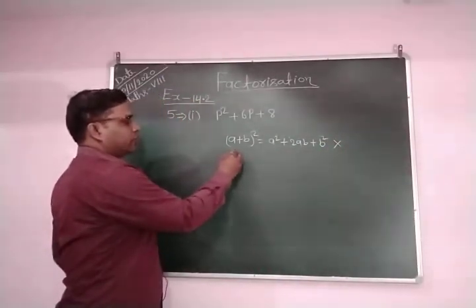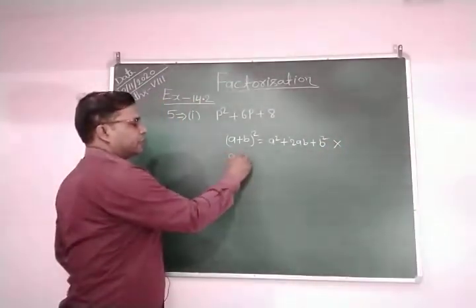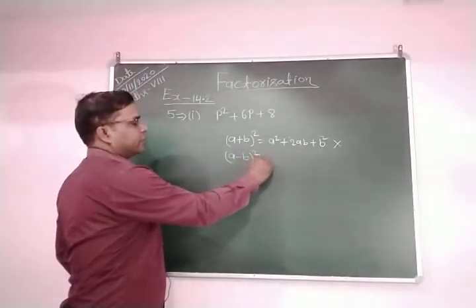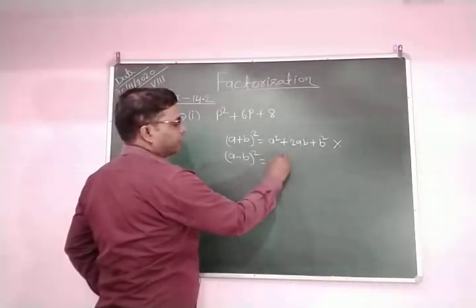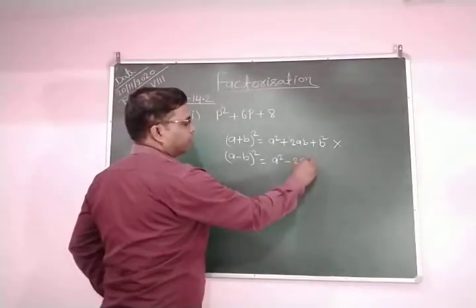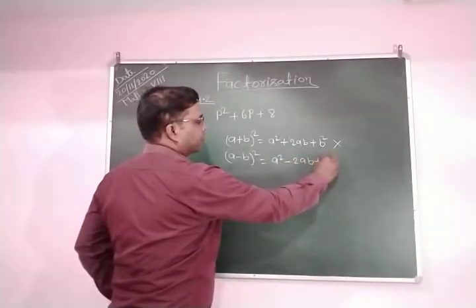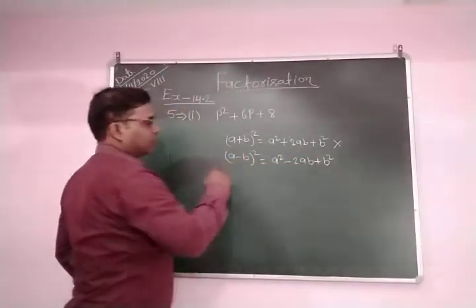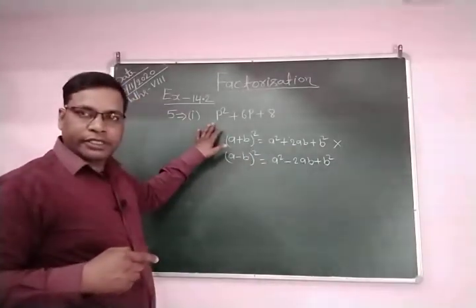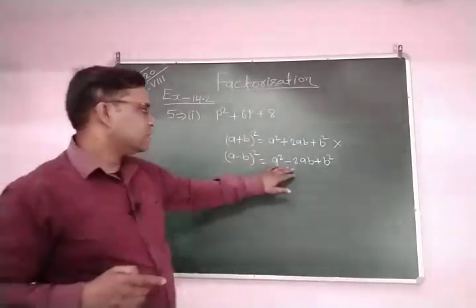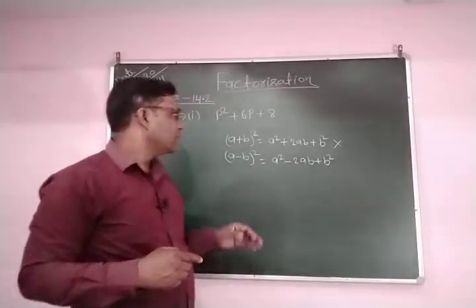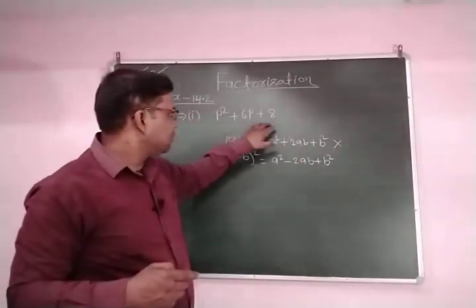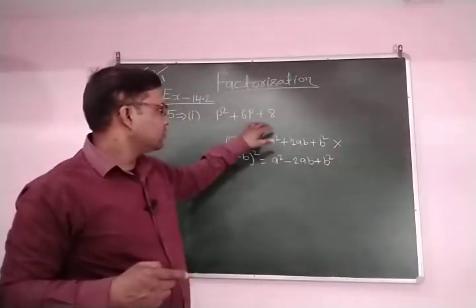Again, if you want to check this identity, a minus b whole square, this is equal to a square minus 2ab plus b square. So the given expression is not of this form, the second identity, and also nothing is common in the three terms. This is a trinomial.